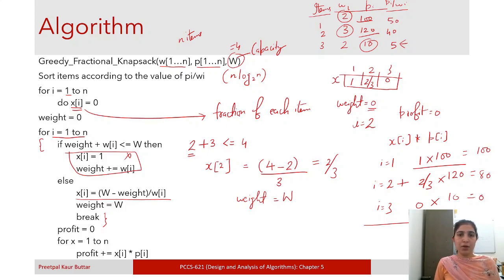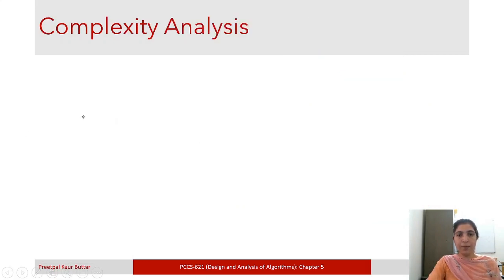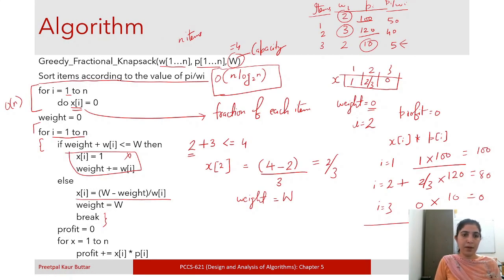Now let us analyze this algorithm. This is the sorting which we are doing at the beginning. It will take order of n log n time, and this is a for loop running from 1 to n, so linear time will be taken by it. Again there is a for loop running from 1 to n, so linear time again. And again here we have a for loop, its time will also be linear.